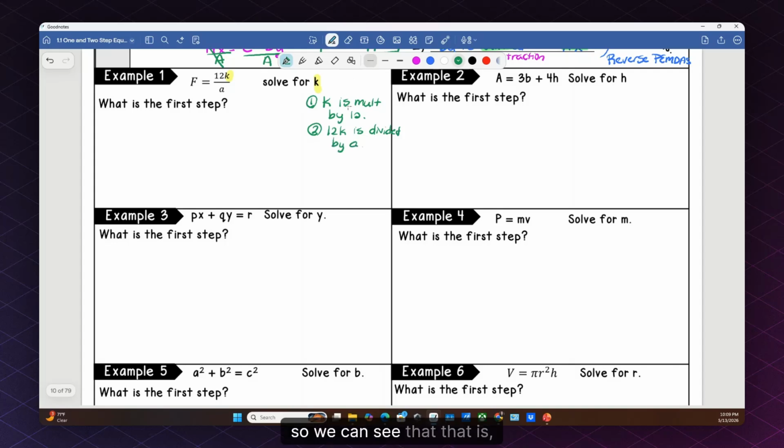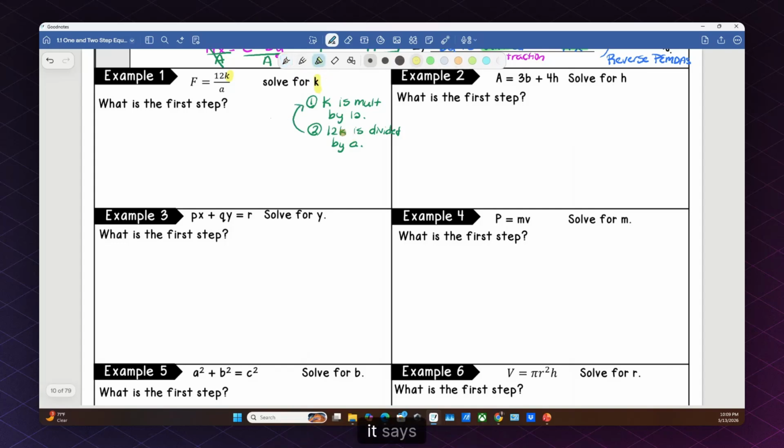Okay, so that is just listing out what's happening. 12 is touching k, which means multiply. And then a is at the bottom of the fraction bar, so that means it's being divided by. Alrighty. So our first step is we're gonna reverse PEMDAS this.